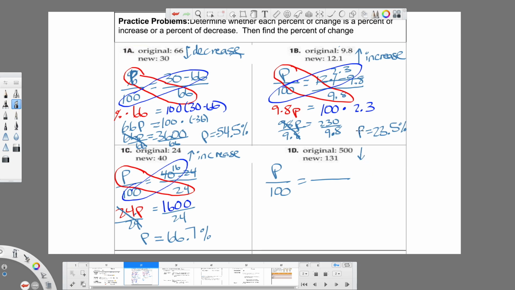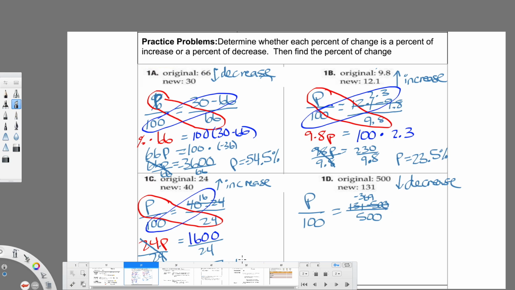So decrease. So new minus original divided by the original. All right, and then we can do this simplification real quick. 130 minus 500. So it specifically went down 369. And again, it's negative. It's going down by that much.